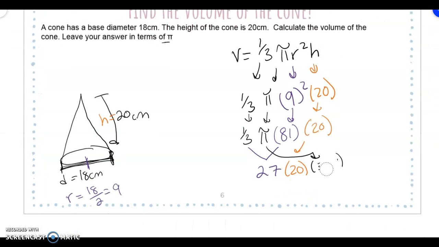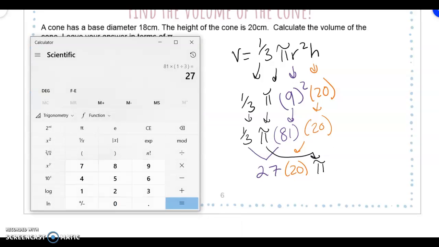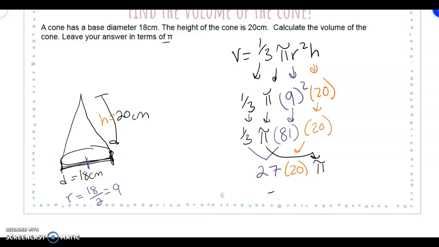Oh wait, we don't want to multiply it, we want to leave in terms of pi. So we're just going to bring the pi symbol down. And 27 times 20 is going to give us 540 pi, because it says to leave in terms of pi, centimeters cubed.